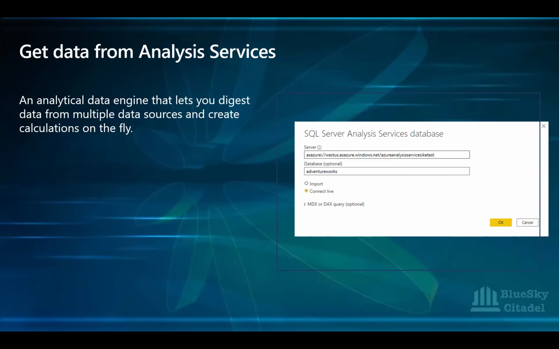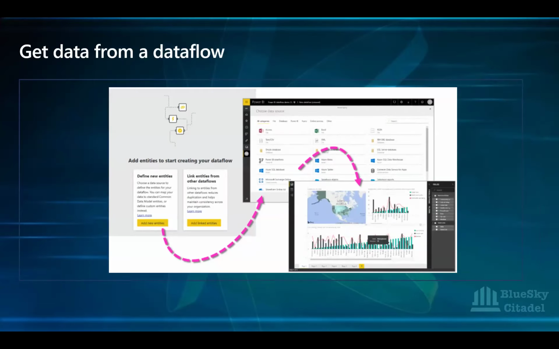Azure Analysis Services uses a tabular model to build calculations similar to Power BI. But for you to be able to refresh your information, you use Connect Live. Any question? Did you say Connect Live? Yes, Connect Live.